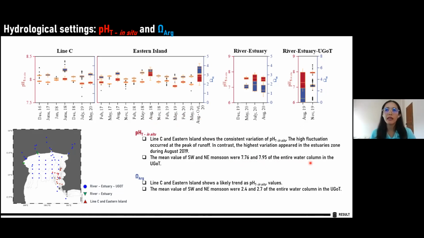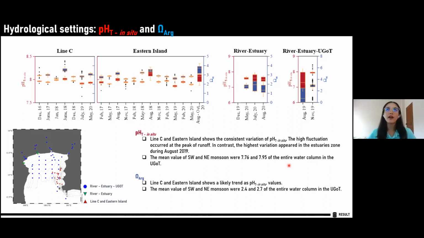Generally in the ocean, pH will be almost 8 or 8.1, but for the entire Gulf of Thailand, we have data that is 7.9, almost 8.